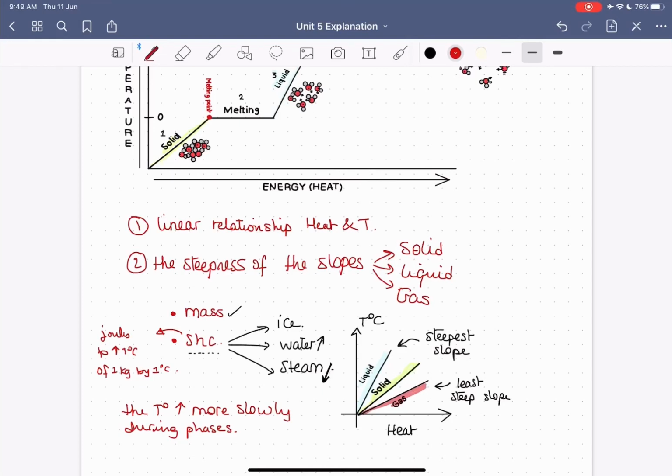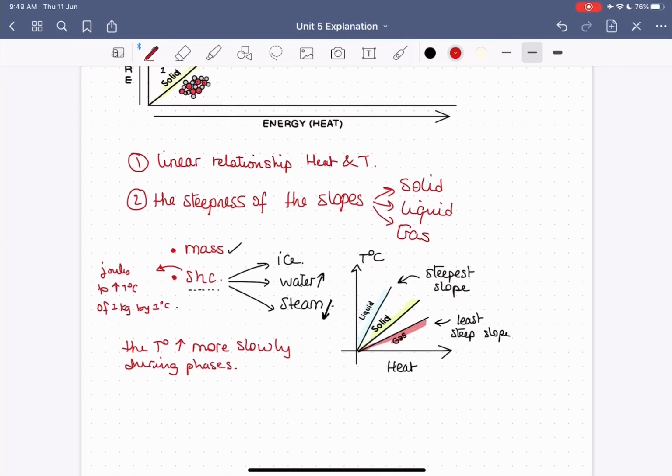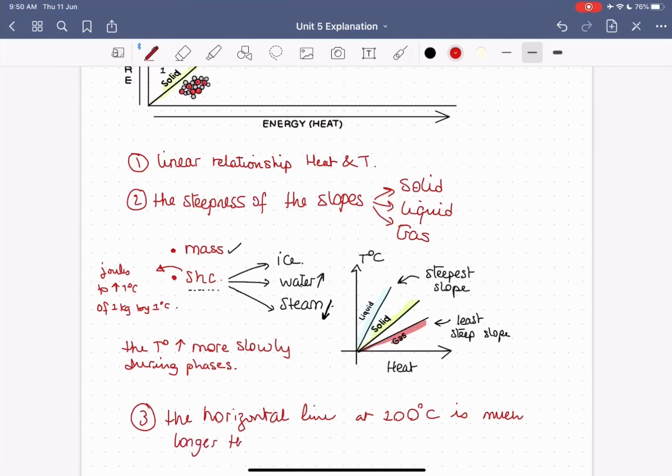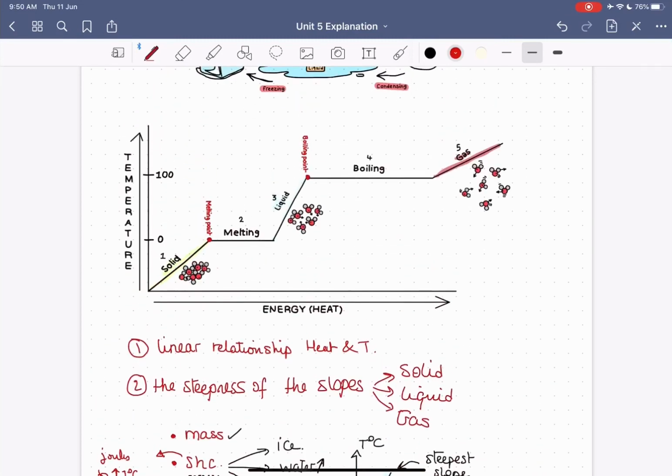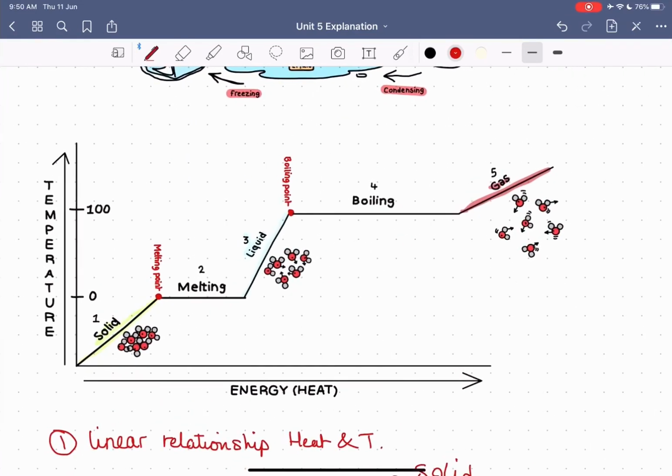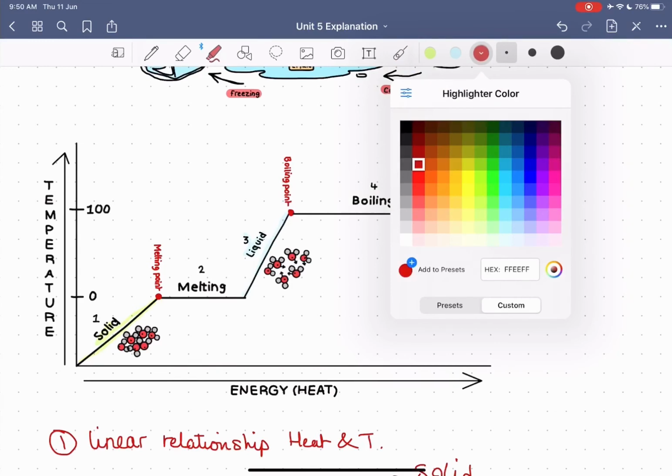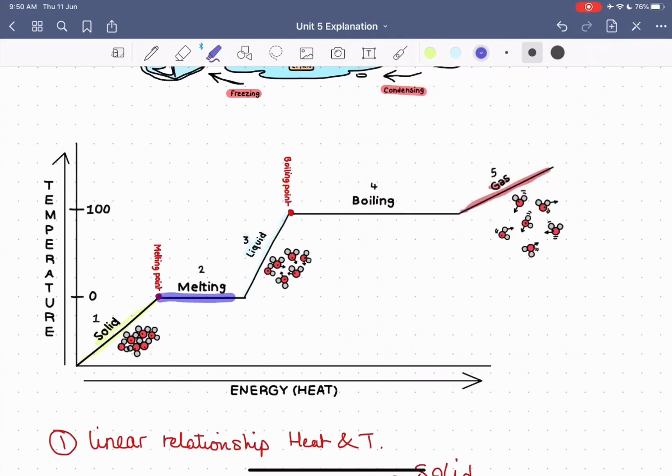Okay, so the third thing that we noticed is that the horizontal line at 100 degrees is much longer than the line at 0 degrees. So if we compare the length of the line during melting and the length of the line during boiling, you can see how during boiling it's a much longer line than the melting.